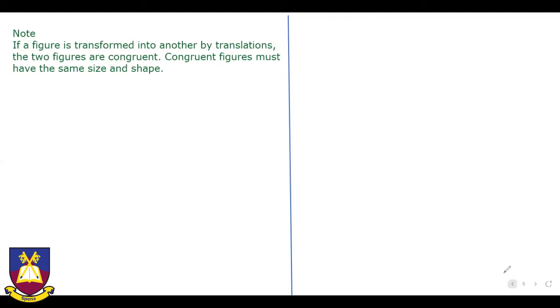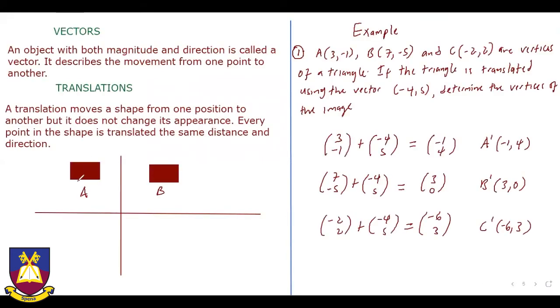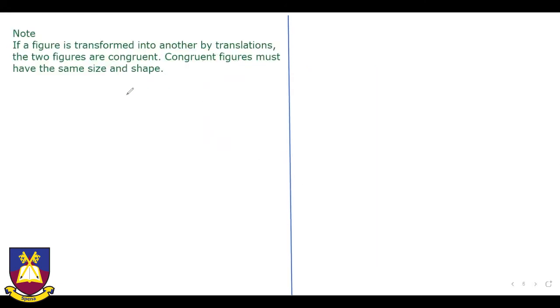Like here, this figure A and figure B, the two are congruent because they've been transformed by the translation. We say those figures are congruent, and congruent figures must have the same size and shape. We shall also look at congruence and similarity in topics that are to come later on.